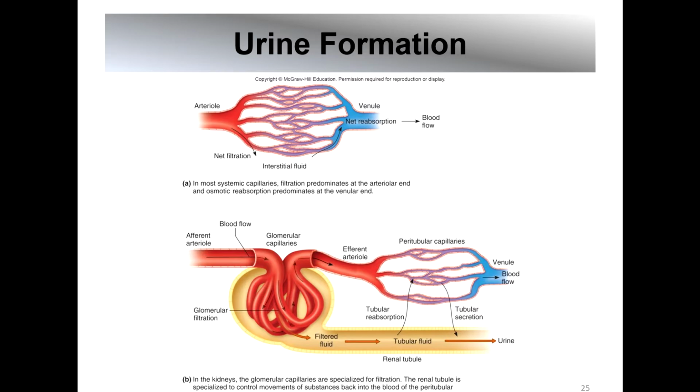We're going to reabsorb it into the peritubular capillaries and return it to the bloodstream. And then certain substances that we have too much of in the blood, and maybe didn't get filtered out in the glomerulus, we're going to secrete that substance and pass it on to the tubule to make sure it winds up as urine.